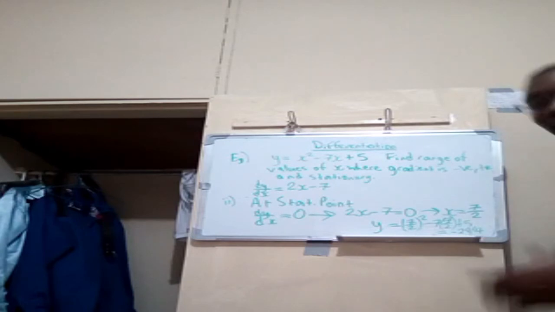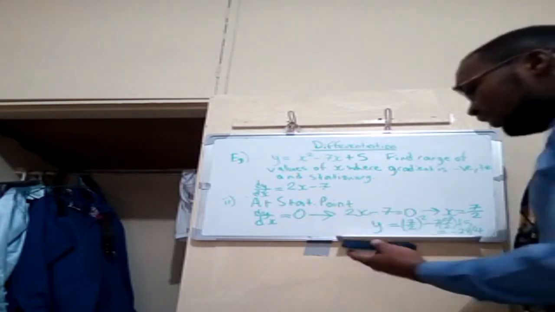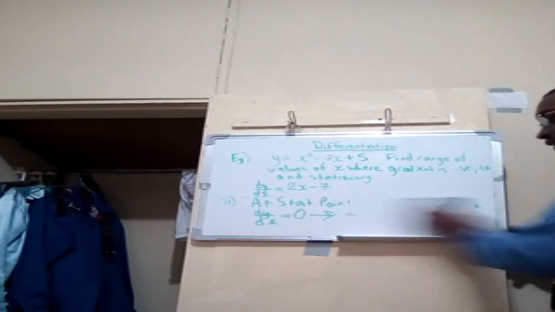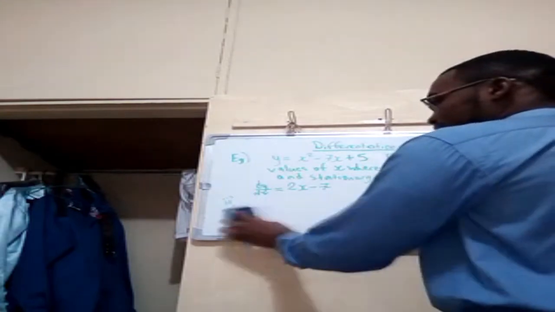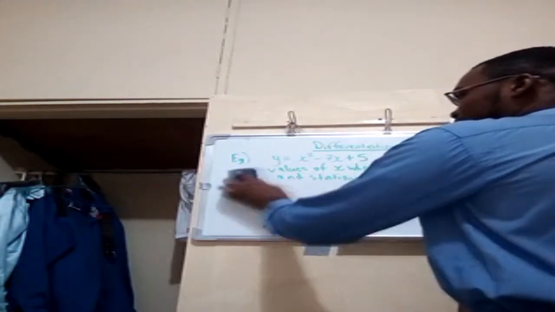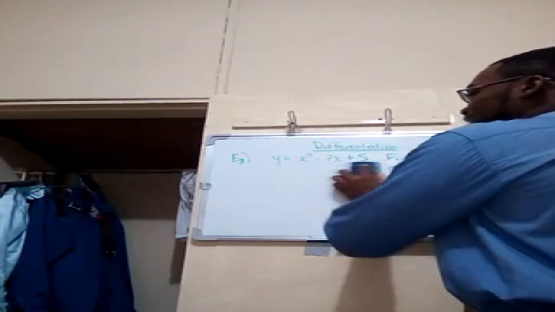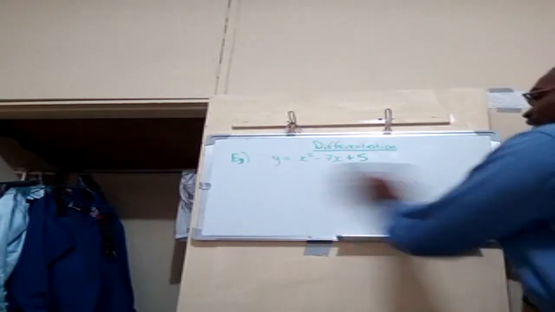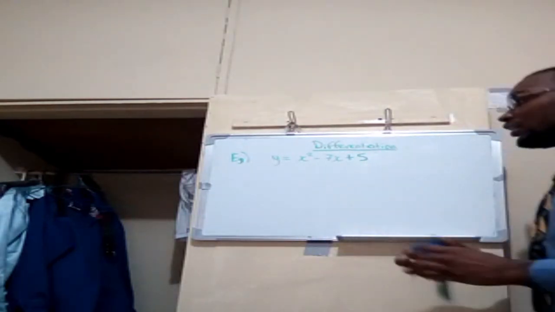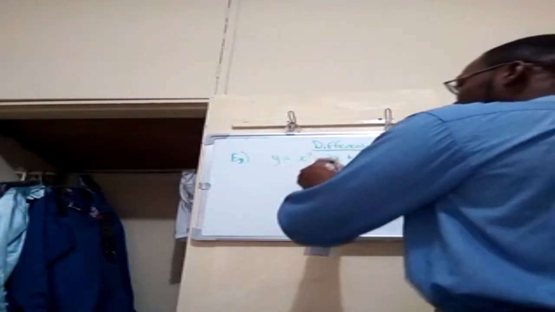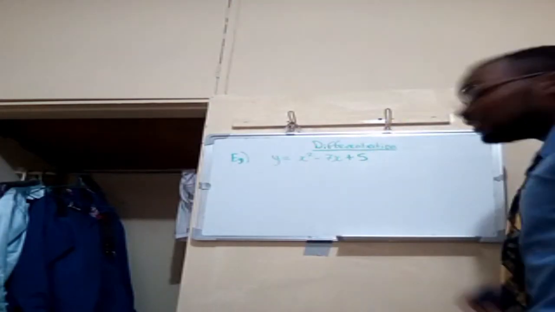So let's say I ask you to sketch this function now. I'm going to show you what happened. We have the curve y equal to x squared minus 7x plus 5.